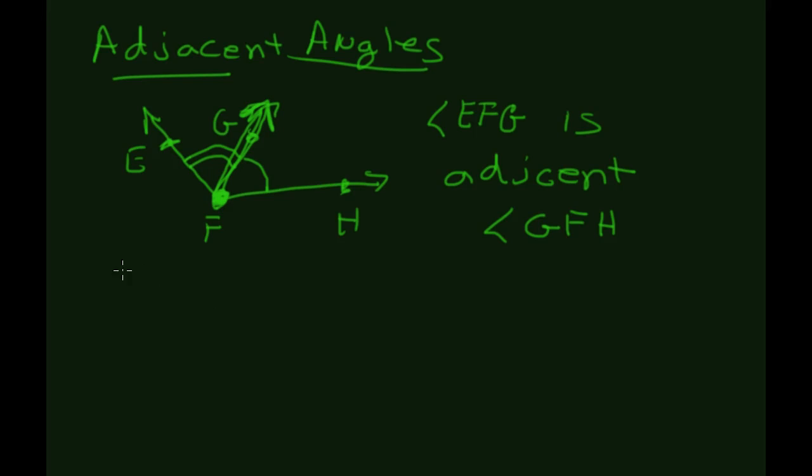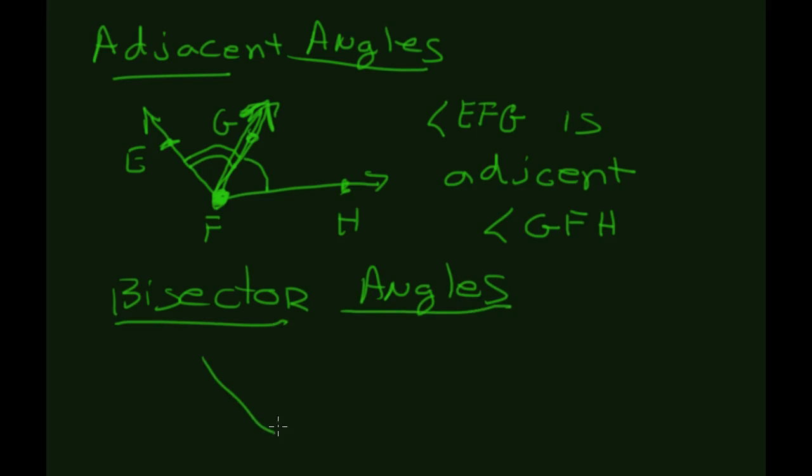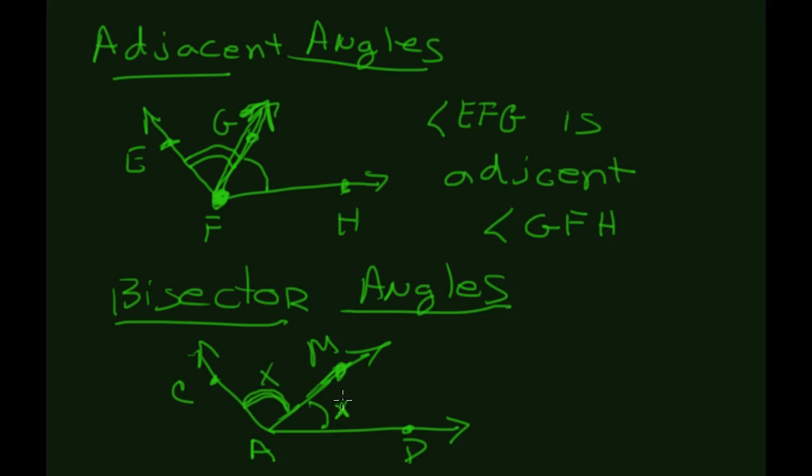Okay, the other idea that I want to put in here is the idea of a bisector. Okay, so bisector is analogous to midpoint. You have a midpoint of a segment, you have a bisector of an angle. So let's say I have some angle CAD. And I draw a ray, right? So this is a ray AM in such a way that that angle measure, whatever it is, let's say it's measure X, and this angle measure is the same.